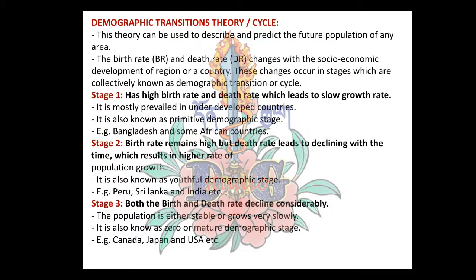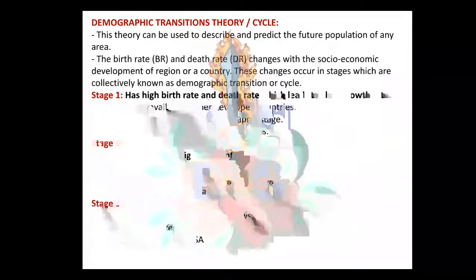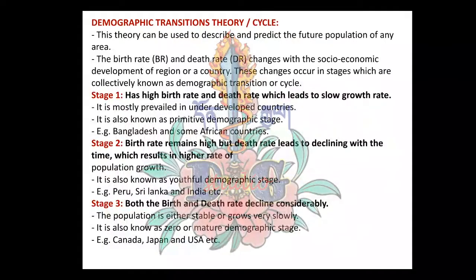These countries experience a high birth rate and high death rate. Why? Because the level of socio-economic development is very poor, and most people are engaged in primary types of activities.